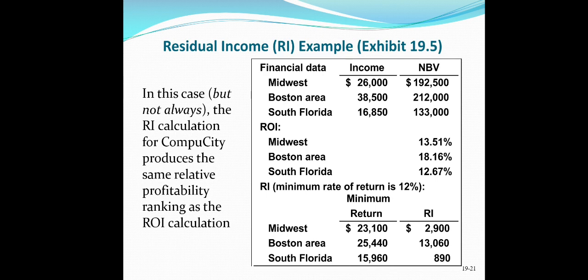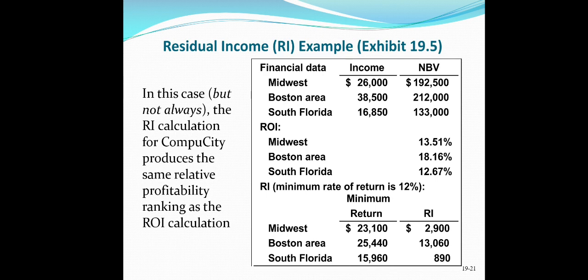Midwest, the return is 23,100, and the residual income is 2,900. Boston area, the residual income is $13,060. South Florida, the RI is $890.